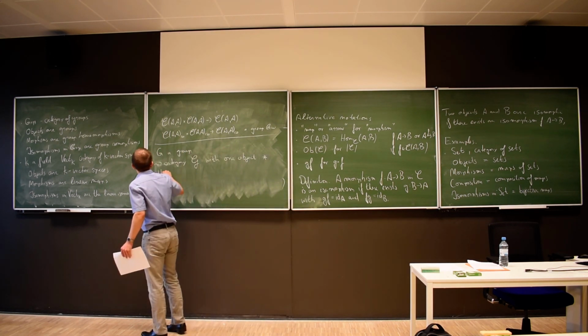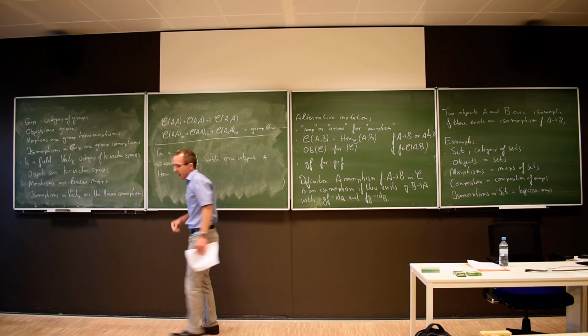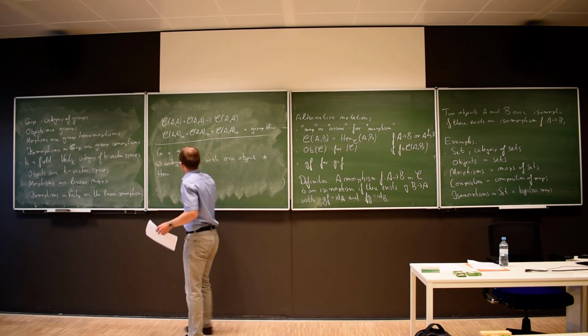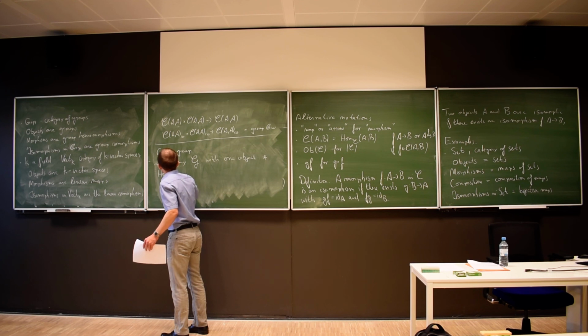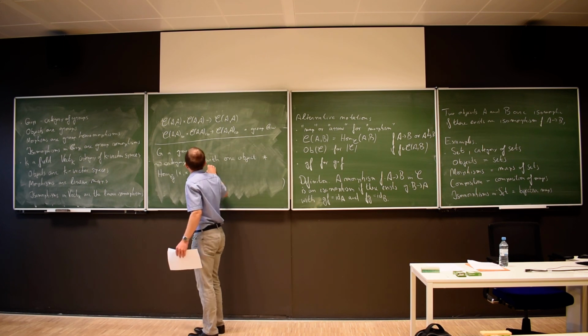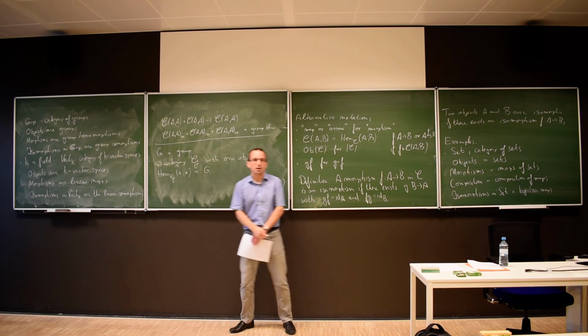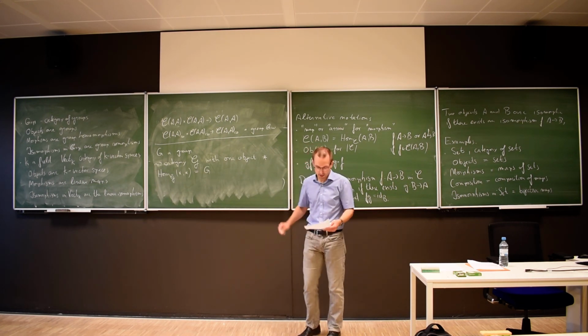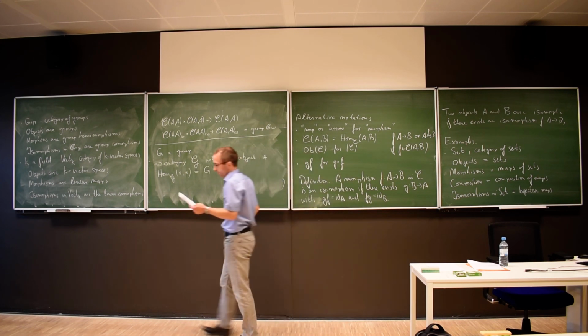So the only additional data we now have to specify are the homomorphism sets. But if there's just one object, there's only one homomorphism set. And this homomorphism set is the set of morphisms from the point to the point. And we set this set to be our group G. And now we have to define a composition law.